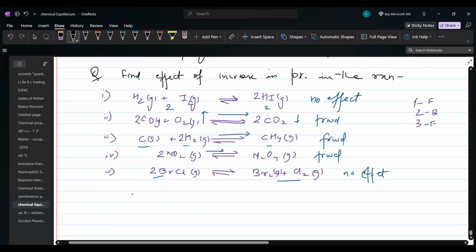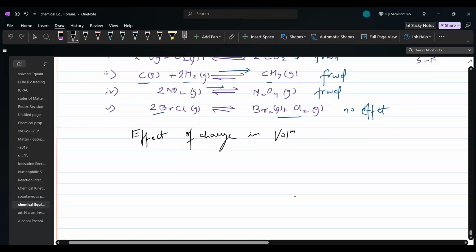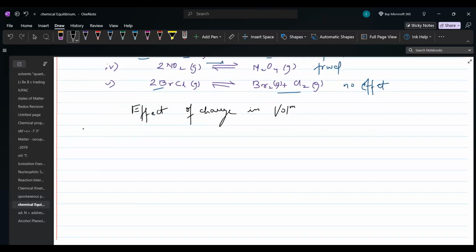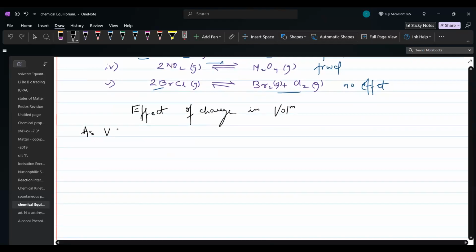We will see the effect of change in volume. When volume increases, we know that as volume increases, pressure decreases, right?